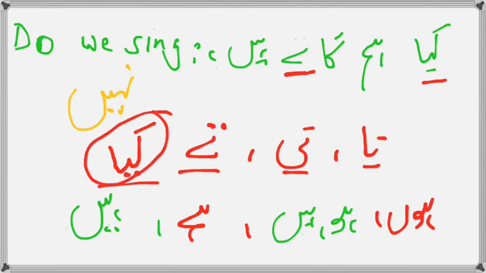Now it's time to do an exercise. You should be making all these sentences, the simple sentences, negative sentences and interrogative sentences in present simple tense using the verbs to go, जाना. मैं जाता हूं, तुम जाते हो, आप जाते हैं, वो जाता है, वो जाती है, हम जाते हैं, वो जाते हैं.